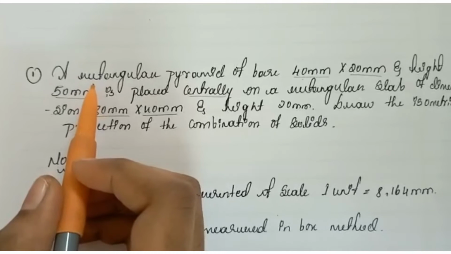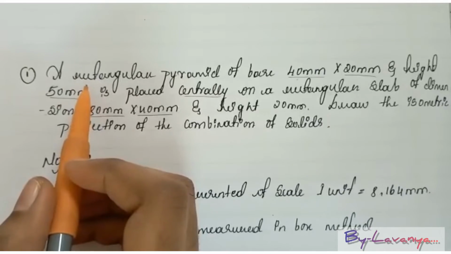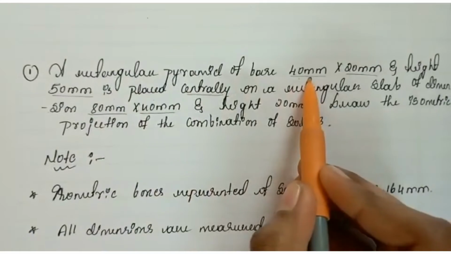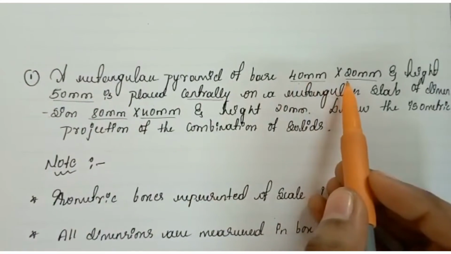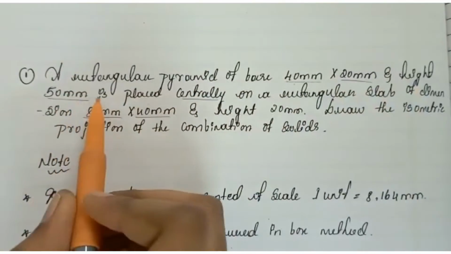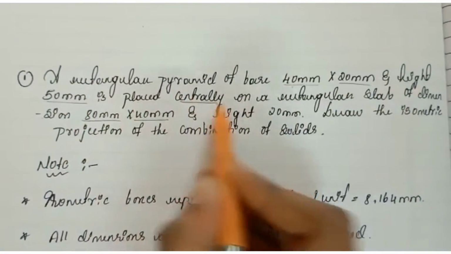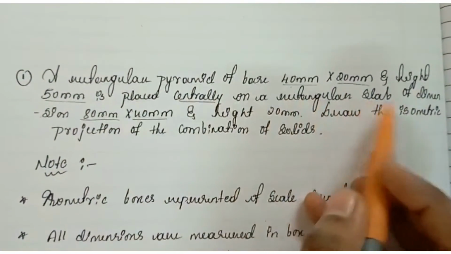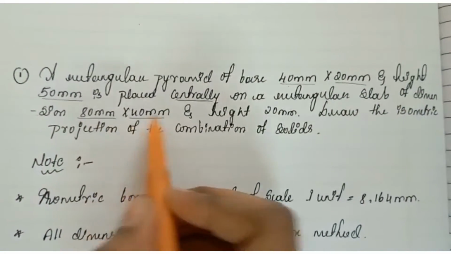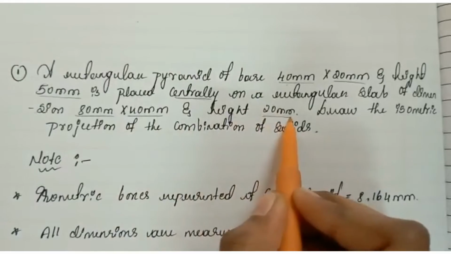Let us discuss the problems on isometric. First question: a rectangular pyramid with a base of 40 mm length and 20 mm breadth and height 50 mm is placed centrally on a rectangular slab of dimension 80 mm by 40 mm and height 20 mm.